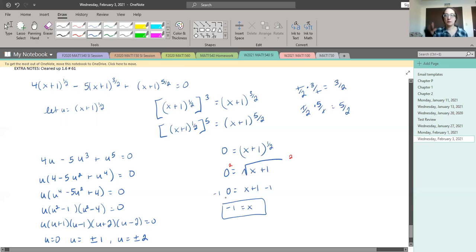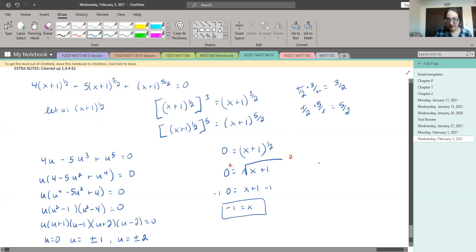We're going to get 2 more. We can do both positive and negative 1 at the same time, because if you square -1, you get 1, and if you square 1, you get 1.